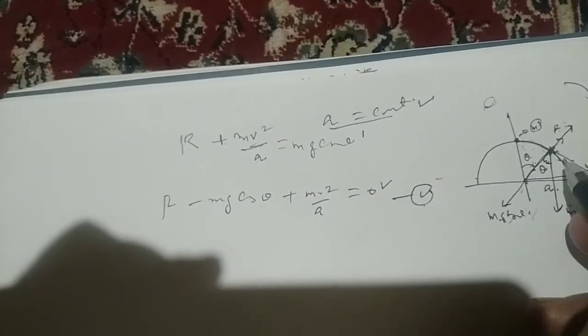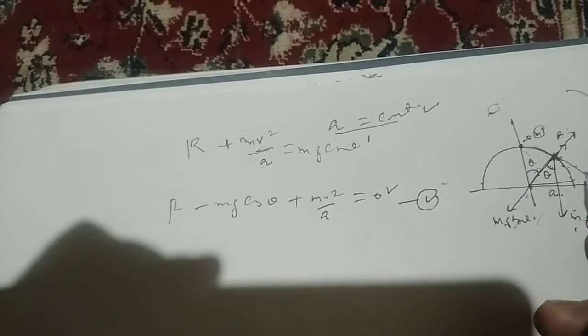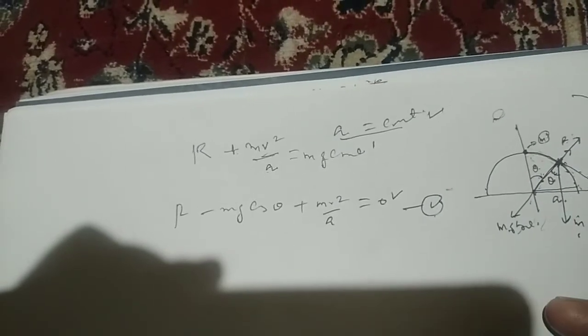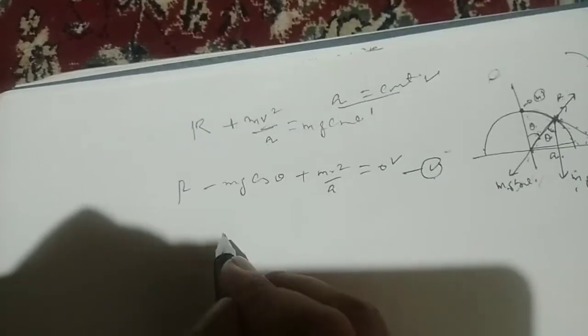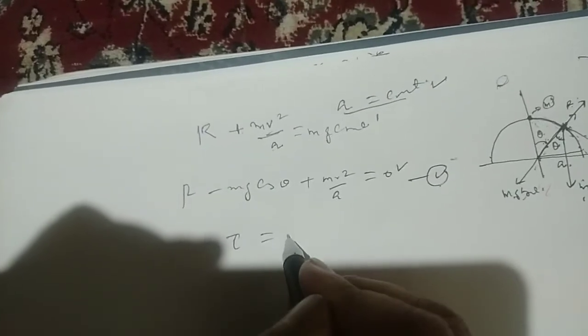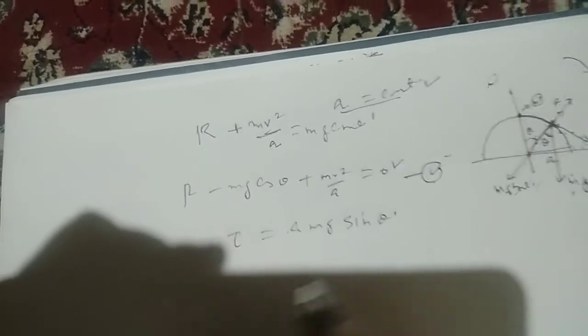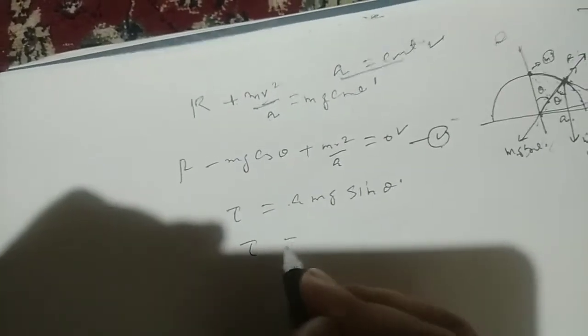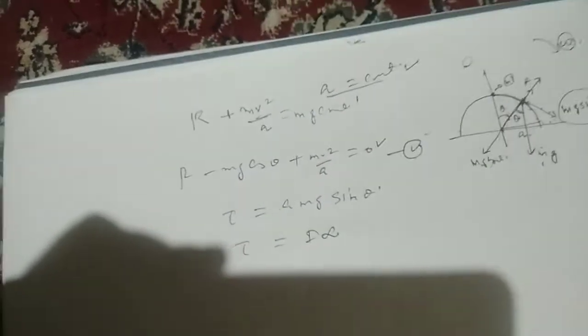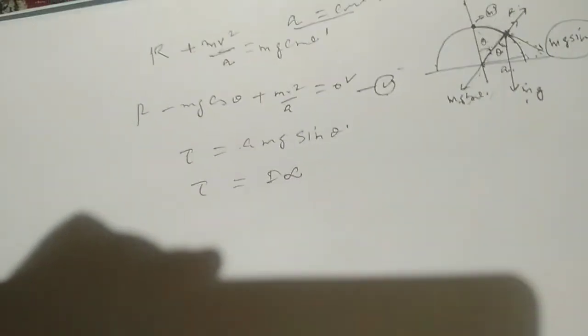The tangent and the radius are always perpendicular to each other. If I write my torque, it will be mg a sine theta, but my torque can also be written as I times alpha, where I is the moment of inertia and alpha is the corresponding angular acceleration.